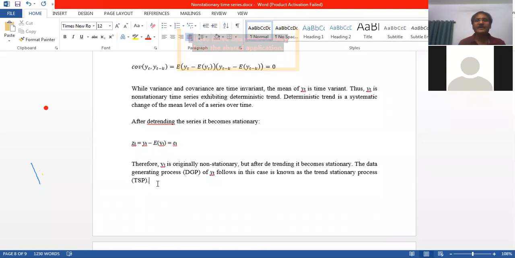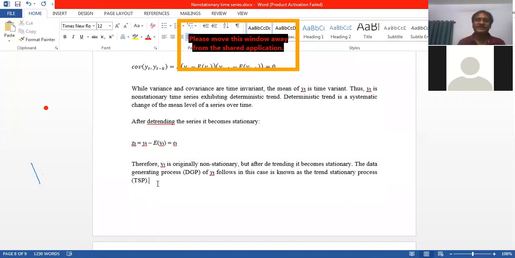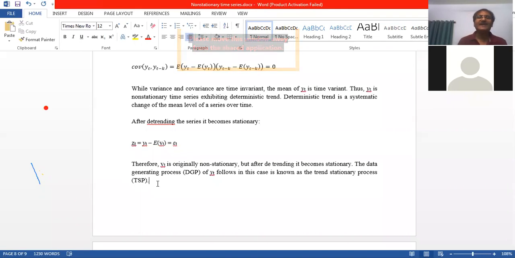That is why it is highly difficult to find out whether a series is stationary or non-stationary just by looking at its first order moment and second order moment, because the first order moment and the second order moment can be calculated if we know the probability density function or the probability mass function involved in a series YT. But we have no clear idea about the basic form of the PDF or PMF of YT. That's why we have to search for an alternative way.